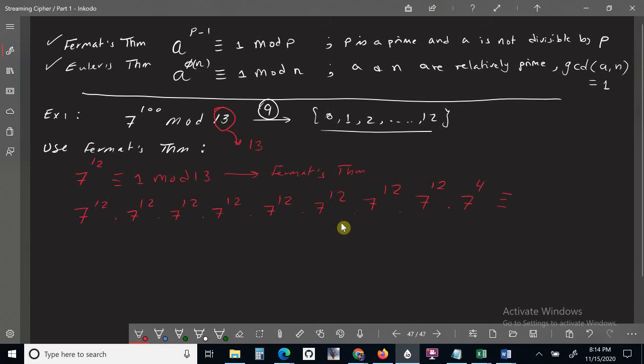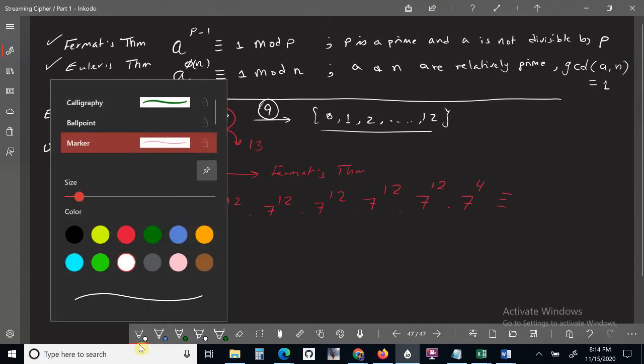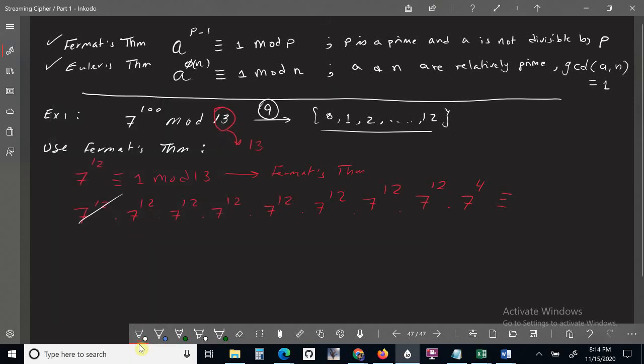Keeping in mind that 7 to the power 12 in everything here is modulo 13, all these will be 1. Look how we were able to simplify it. So all these are 1, and the only remaining one will be 7 to the power 4 mod 13.